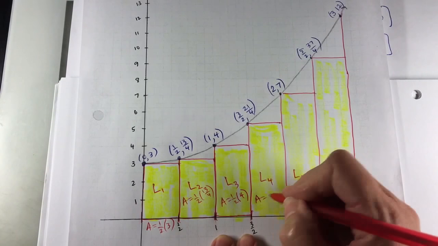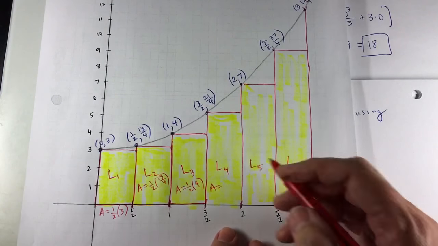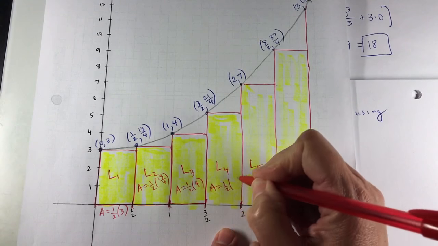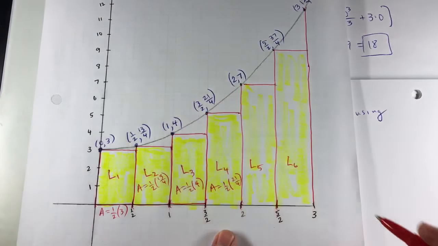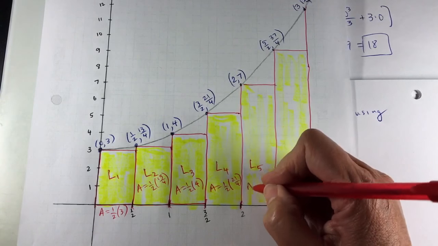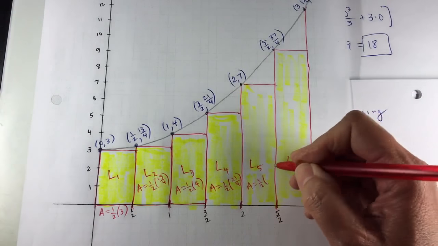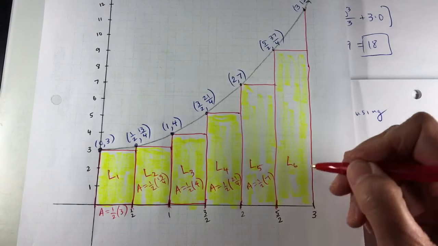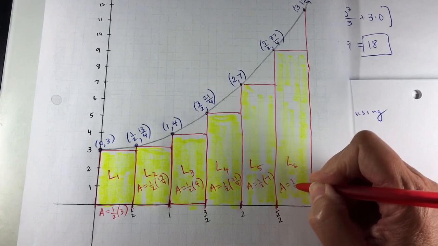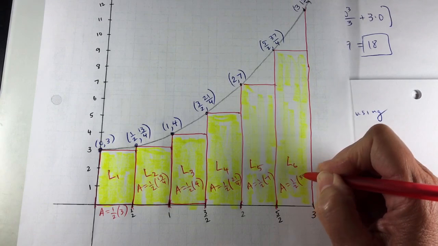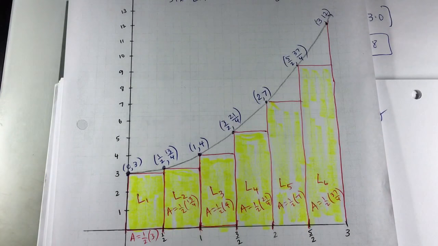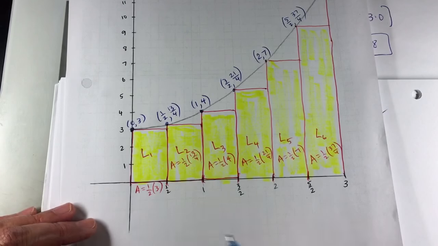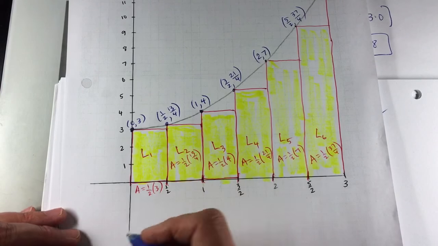L number 4 is 1/2 times 21/4. I'm just grabbing the y value where it touches. L number 5 is 1/2 times 7. And L number 6 is 1/2 times 37/4.